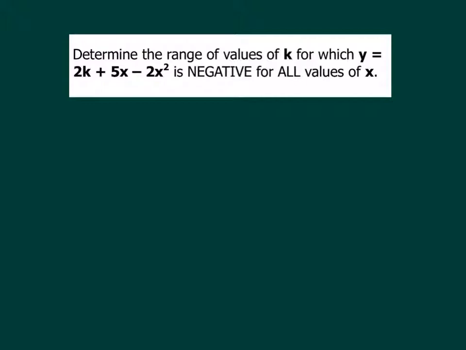Like in here, we're looking for the value of k that will make the equation y equals 2k plus 5x minus 2x squared to be negative for all values of x.